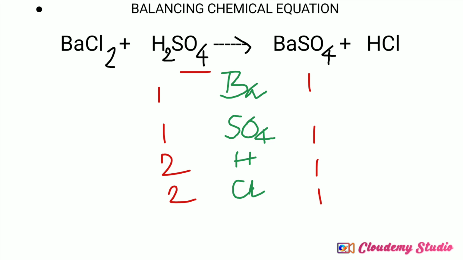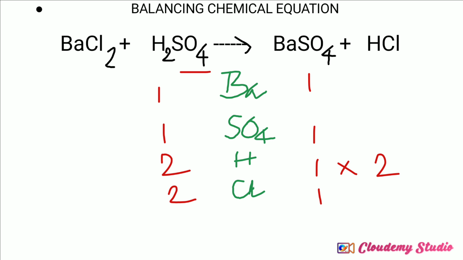When we check those atoms, we can easily identify hydrogen and chlorine alone are not equal on both the sides of the equation. Therefore, we can multiply this hydrogen, this 1, by 2 in order to make it equal. So this 2 has to be written as a coefficient of this hydrogen.